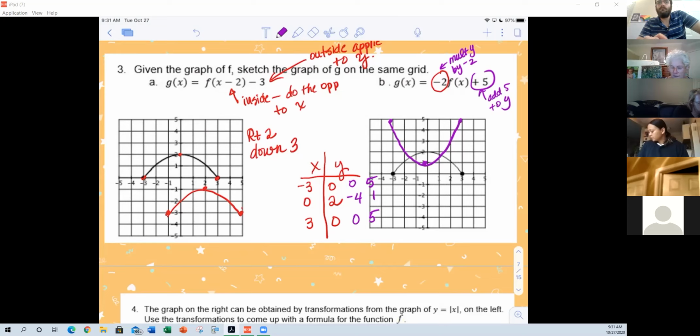So you can see that it flipped. It's now upside down. It's stretched. It's now a longer parabola. And all the points shifted up by 5. So sometimes it's easier just to do the motions that are given in the problem. Sometimes it's easier, for me at least, to actually plot some points. Either way that you do it, you'll get credit if you do it correctly.